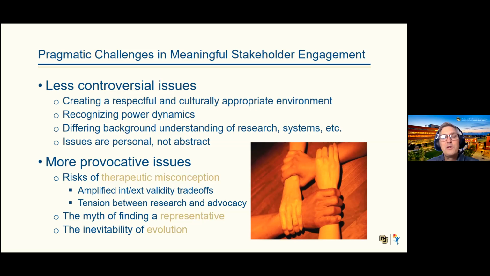And this last one, which is as people become engaged in the research process, there is an inevitable evolution that takes place in the way that they think about research, in the way that they think about the process, and even potentially in the way that they think about their condition. There was a wonderful essay about this by a young woman who has type 1 diabetes.